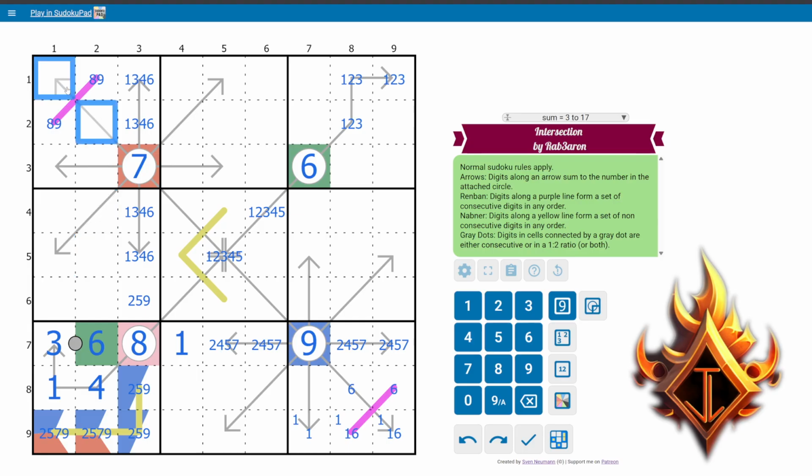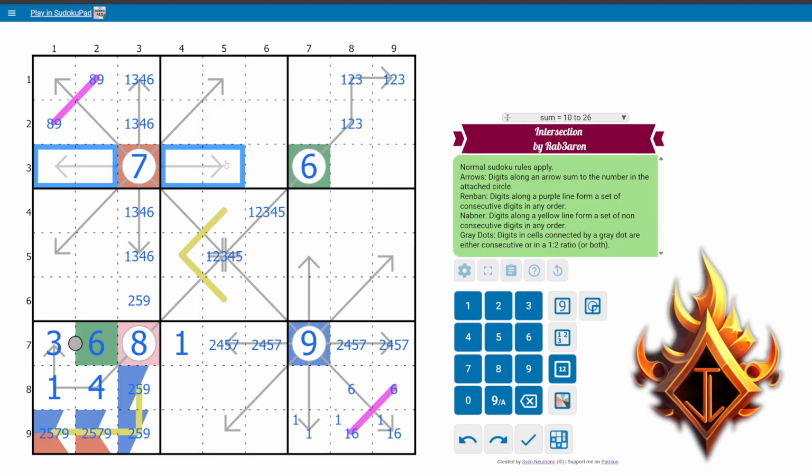One of these will be 2, 5 in some order. One of them will be 6, 1 in some order. This cannot be 6, 1, so it will be 2, 5 or 4, 3.